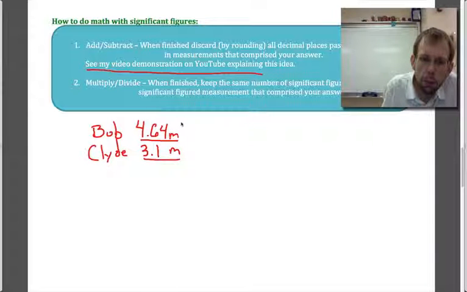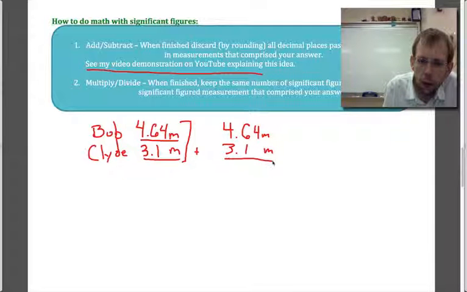So when we weld these two bars together, we want to add them together and know what our total length is now. All right? So when I add these together, I have 4.64 meters, and I'm going to add 3.1 meters to this as well.